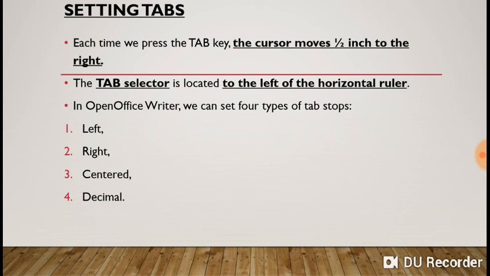In OpenOffice Writer, we can set four types of tab: left, right, centered, and decimal. Again, there are four types of tab in OpenOffice Writer and almost any word processing software: left, right, centered, and decimal.